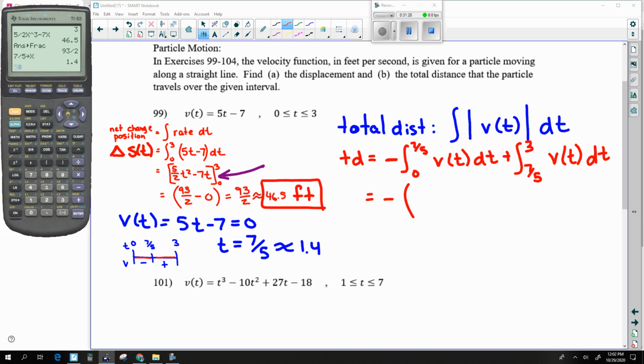And I'm putting it into the 5 over 2 t squared minus 7t. And then I do the evaluation at 0, which is 0. So you see how it would have a negative distance, but because of that outside negative, that's now considered to be a positive.